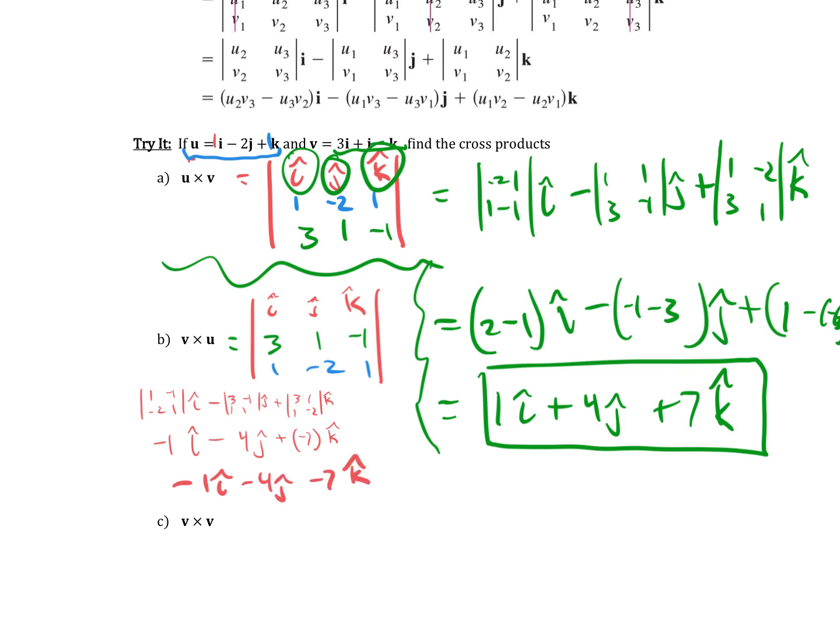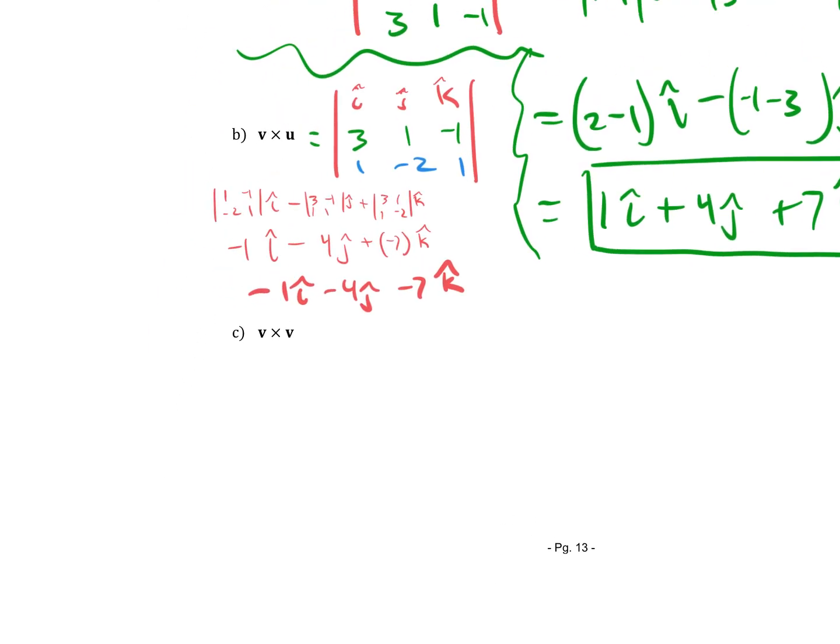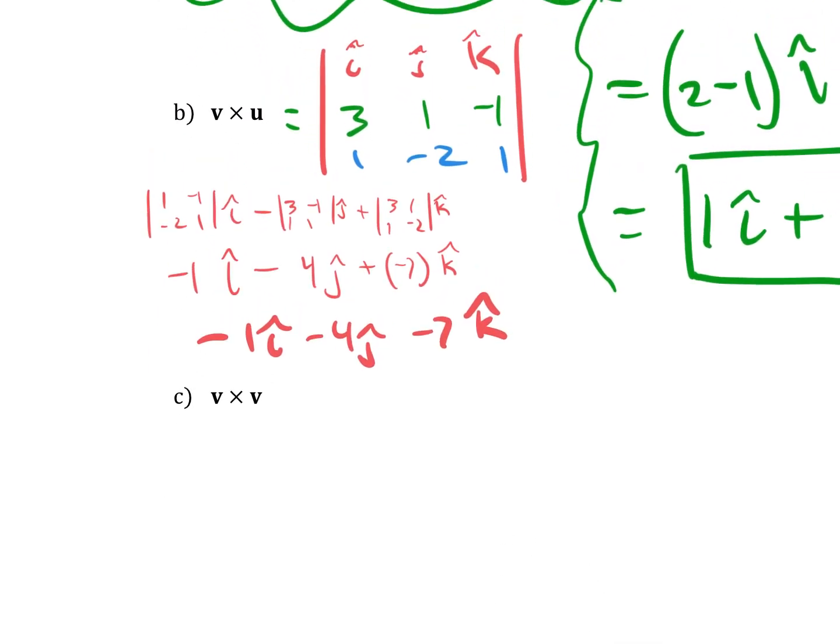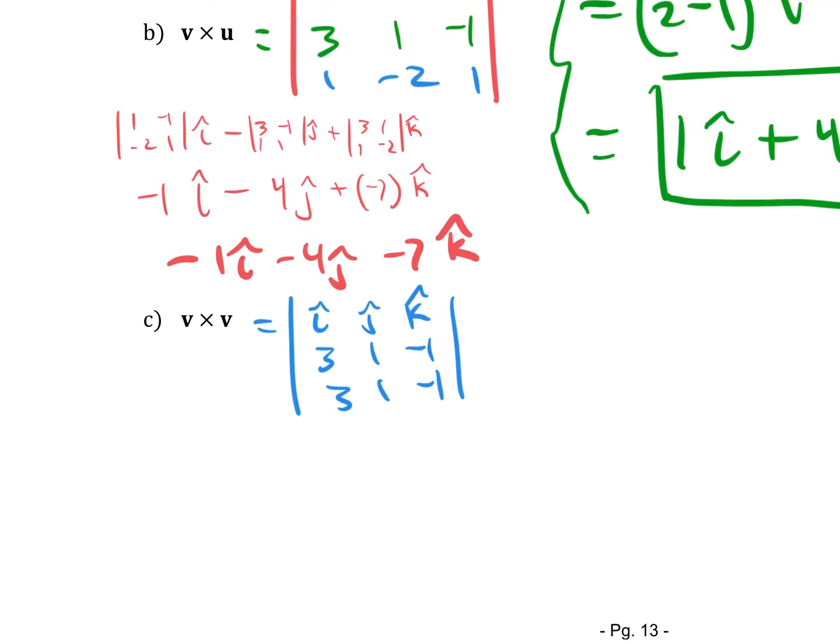Well, one more interesting thing is, what if we do V cross V? So let's try that out. So we have, make our matrix here. We have I, J, K. And we have V is 3, 1, negative 1, 3, 1, negative 1. And so if we work this out, we've got our I, 1, negative 1, 1, negative 1.